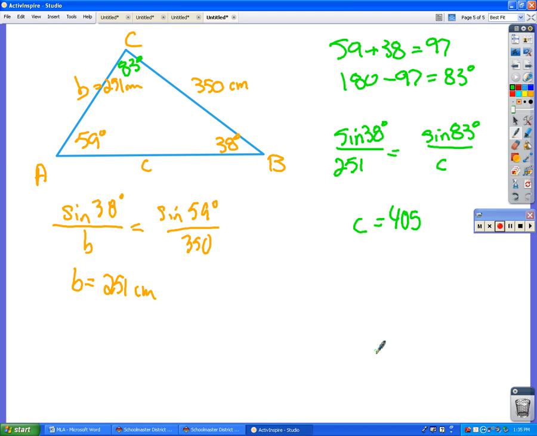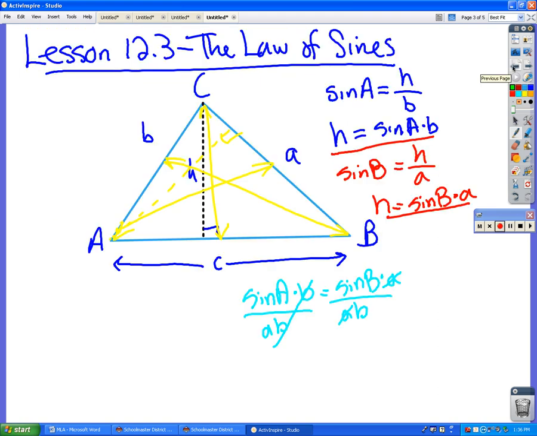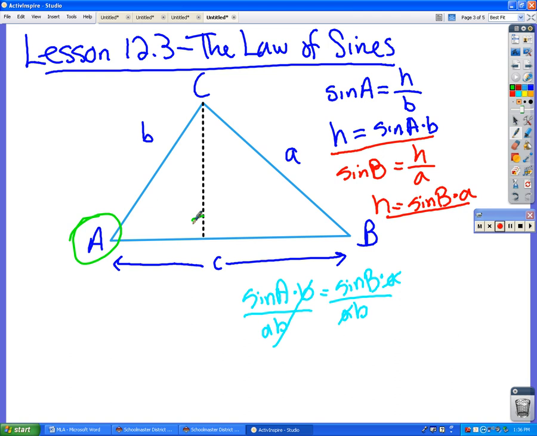Alyssa asked a very good question, which is why are we only doing this with sine now all of a sudden? And that comes from the original triangle that we made, which is kind of a mess. When I started out doing this, I did the sine of A equals h over b. Why did I do sine and not cosine or tangent? Couldn't I have used adjacent over hypotenuse or opposite over adjacent in this right triangle?